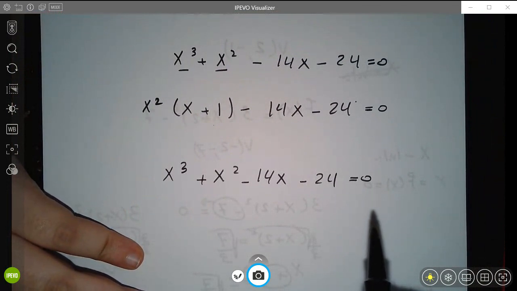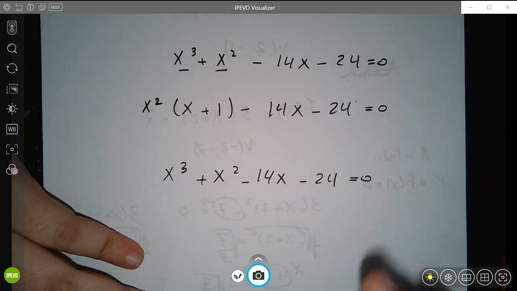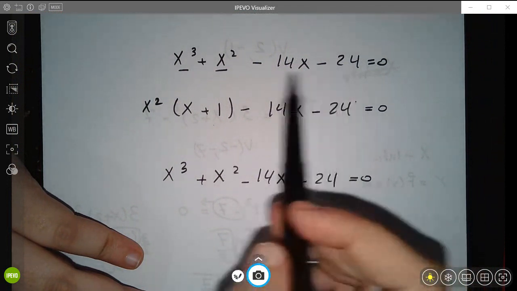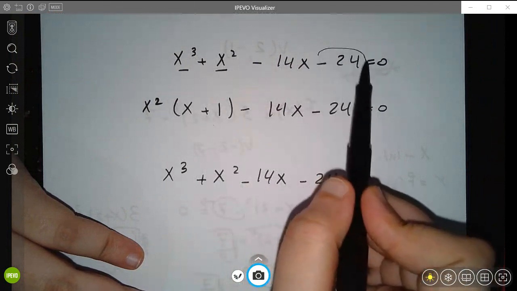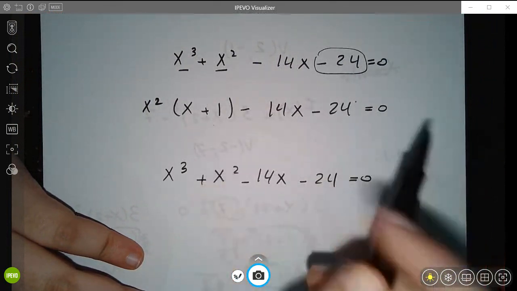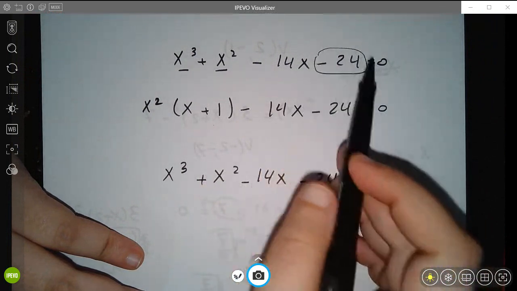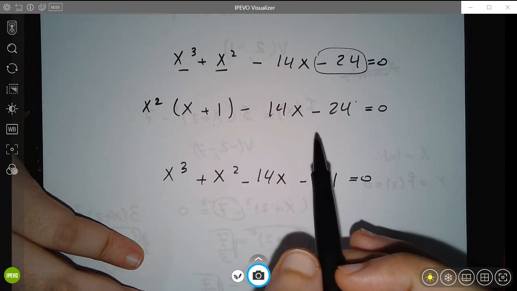Why did you change the sign? And what do you mean by the 24? You're close, but I don't know what you mean by it, so I can't say if you're right or wrong. If you look at it, you have a polynomial to the third degree, and the last number right here, just like the quadratic, is the result of the multiplication of every single number.